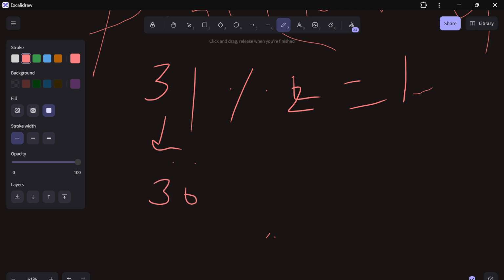Okay guys, so if we divide 31 modulo 2, it's always equal to 31 modulo 30. It is 100% true for any number.